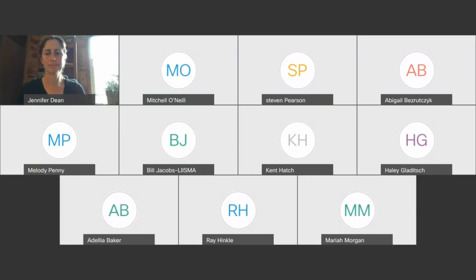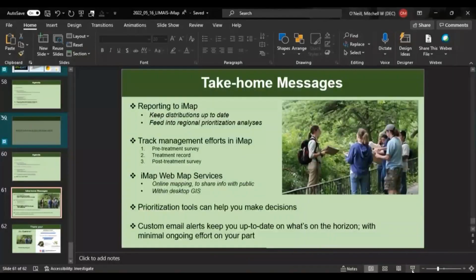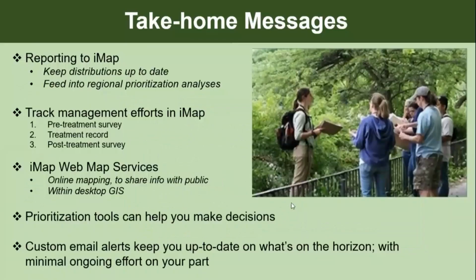I'll just share my last slide to briefly go through our take-home messages while you're thinking through any questions and putting them into the chat. One take-home message is the importance of reporting to iMap to keep distributions up to date and feed into some of those regional analyses Jen talked about. There's also value in tracking management efforts in iMap.